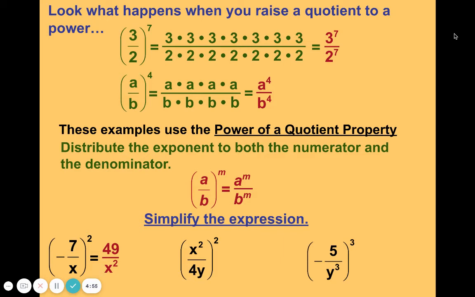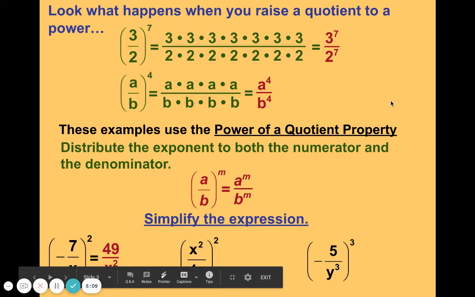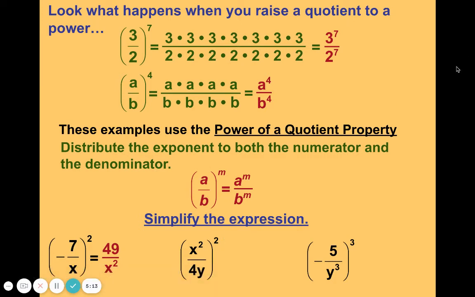Next problem, the little 2 on the outside goes to x squared, so that would be x to the power of 4. The little 2 goes to the 4, so that would be 4 squared, and the little 2 also goes to the y. So x to the power of 4, 4 squared is 16, and then y squared.